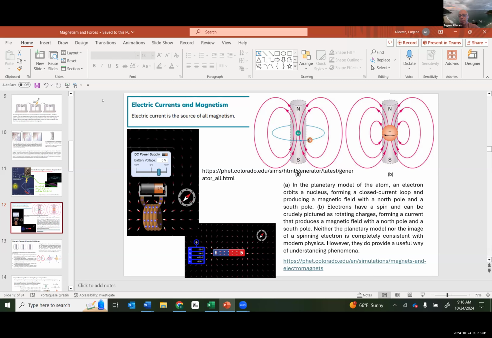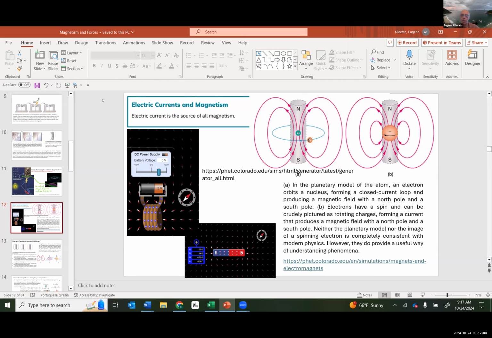The atom is itself a little magnet with a northern pole, and that creates the magnetic field. So currents are related to this source of magnetism.